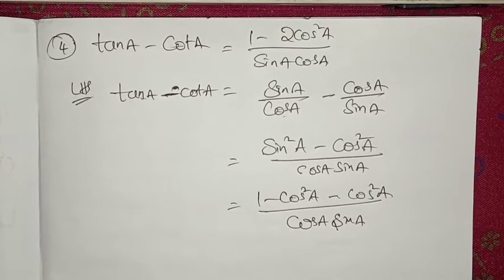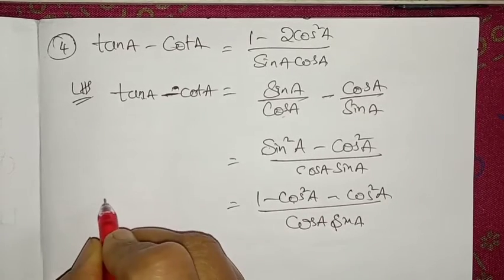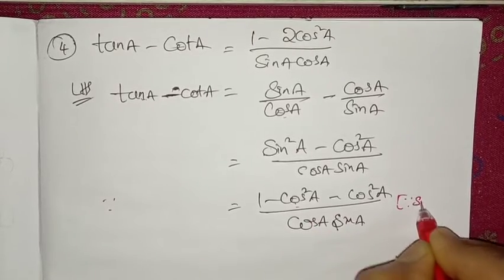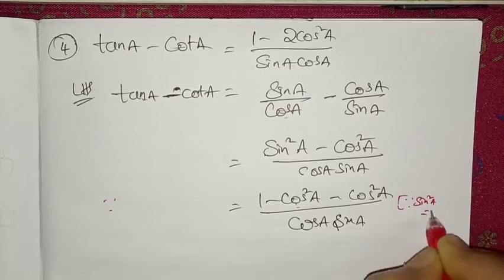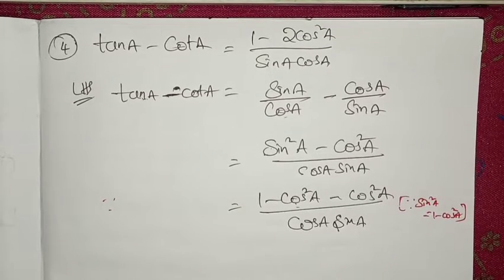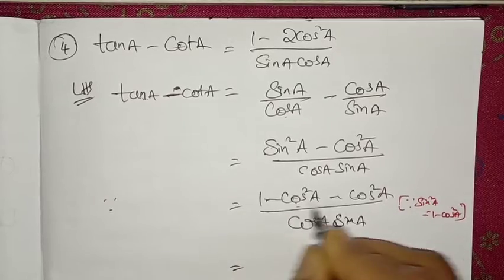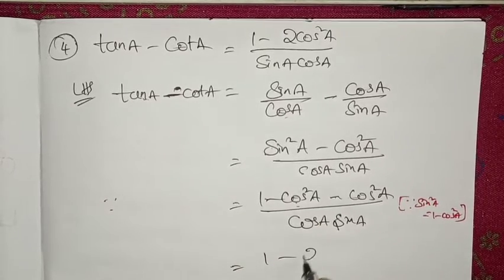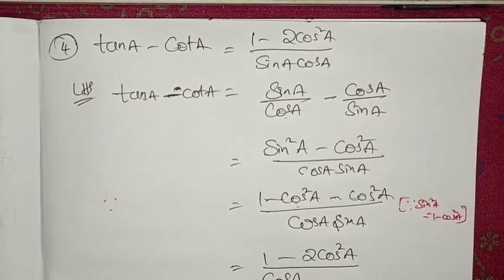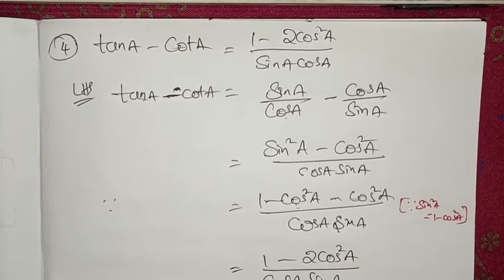Actually sin square A is equal to 1 minus cos square A. Okay, now 1 minus, minus, so 1 minus 2 cos square A by cos A sin A.